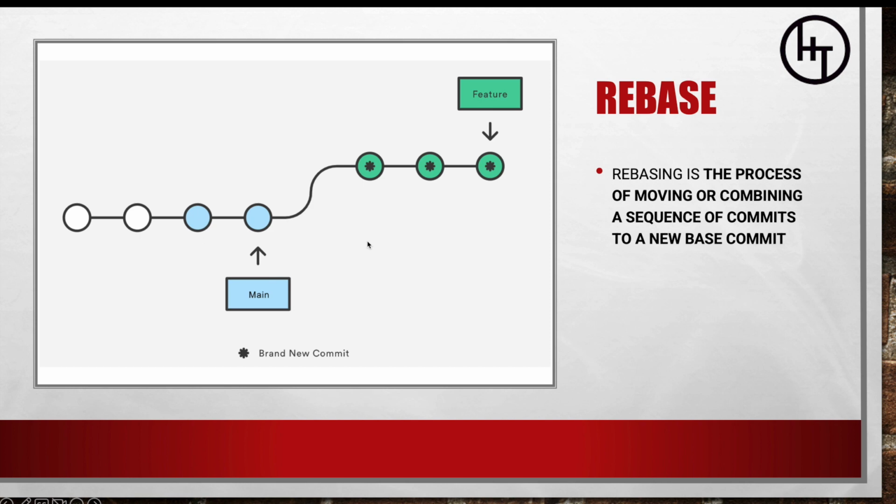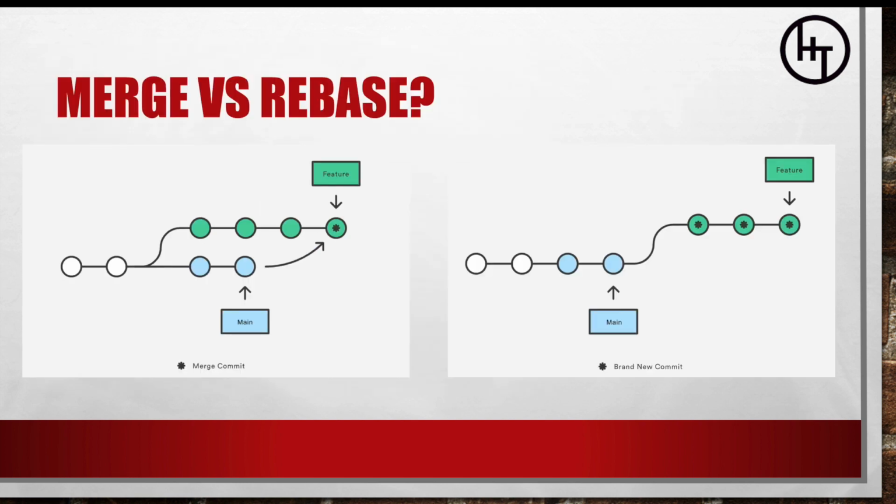So now let's talk about the difference between merge versus rebase. As you can see, for merge, you have a feature branch, the green one, and this one is the branch that you want to merge to. For example, you start here, you create a new branch from here, and you start your feature, and at the end you want to merge, right?